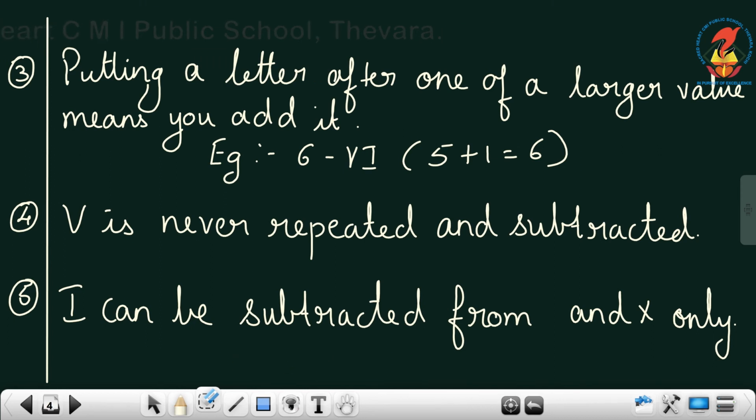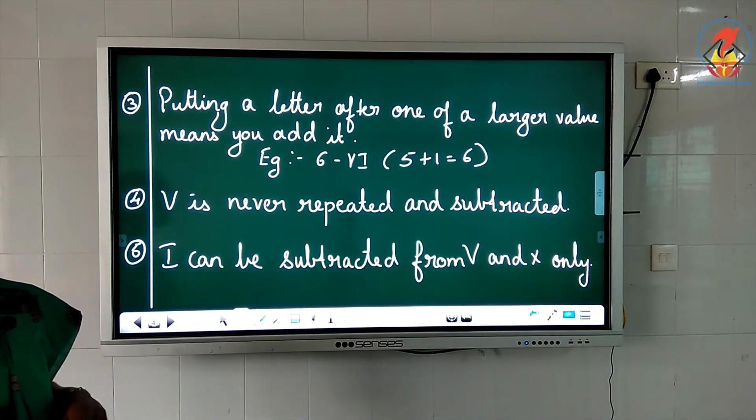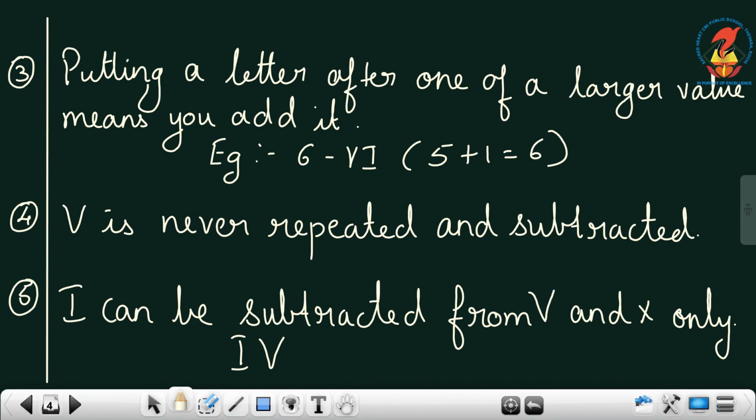Okay, children? Then, letter I. Letter I can be subtracted from V and X only. You can only put I before V and I before X. What was IV? It was 4 and IX was 9. Clear children?